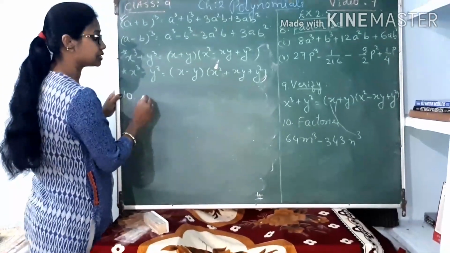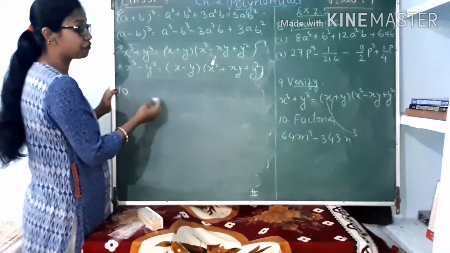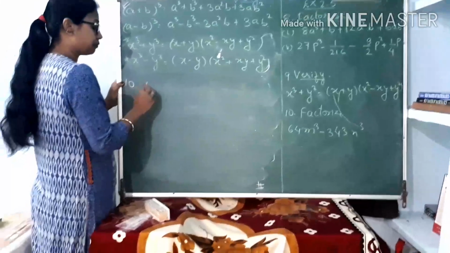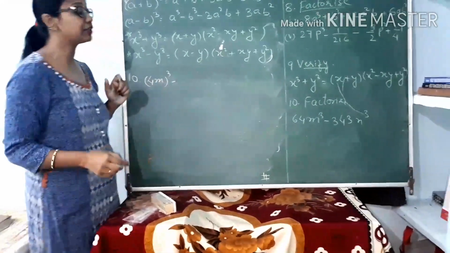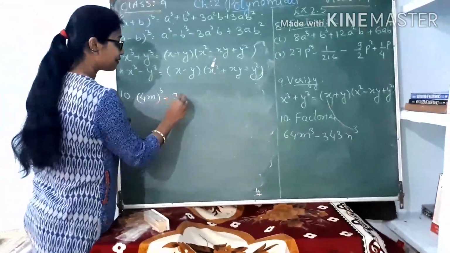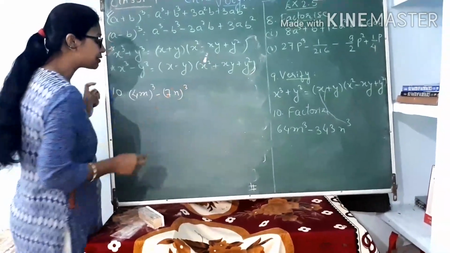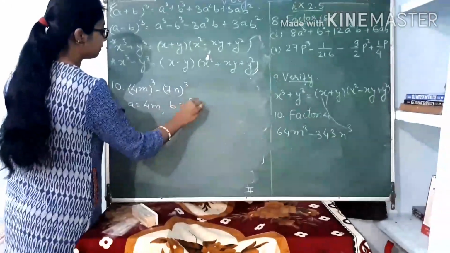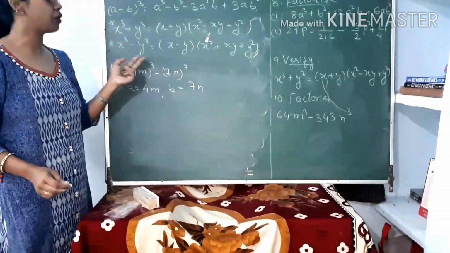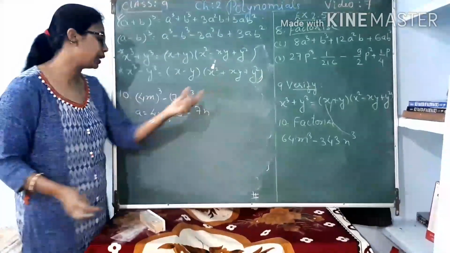Can we write down 64 as a cube of which number? 4. 4m whole cube. Minus, 343 is a cube of 7, 7n cube. What is the value of a? 4m. The value of b? 7n. Directly apply this, it is already given in factorized form only.